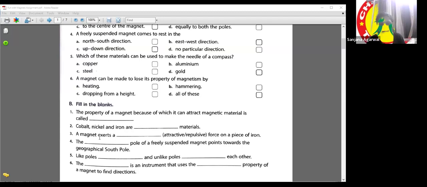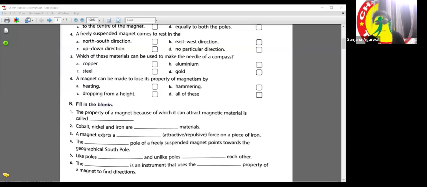Good. Three, a magnet exerts a dash force on a piece of iron. Attractive force. Good. Correct. Fourth, the dash pole of a freely suspended magnet points towards the geographical south pole. Which pole of the magnet will point towards the geographical south? Fine, correct.